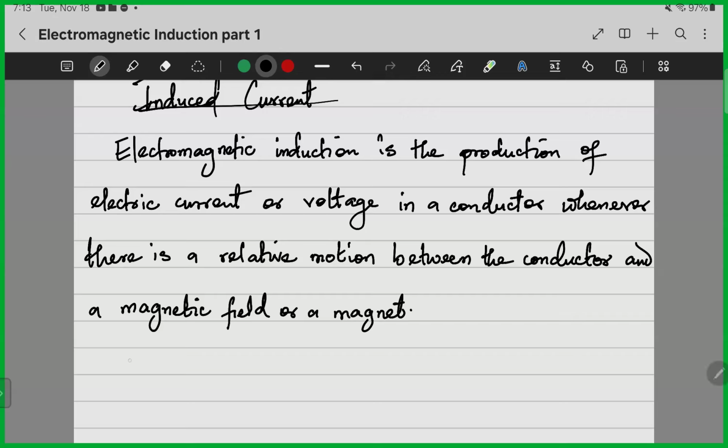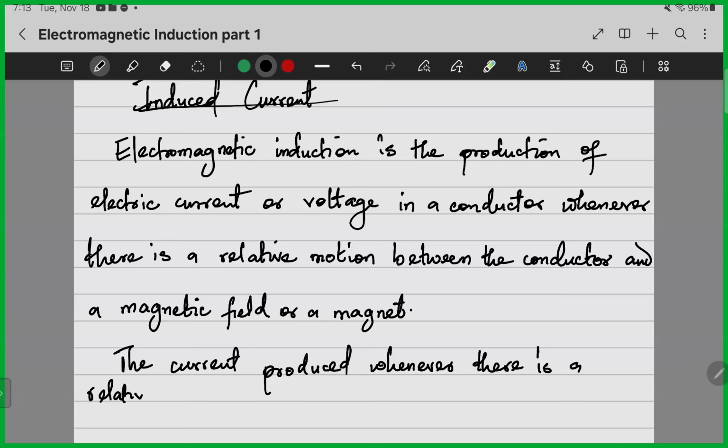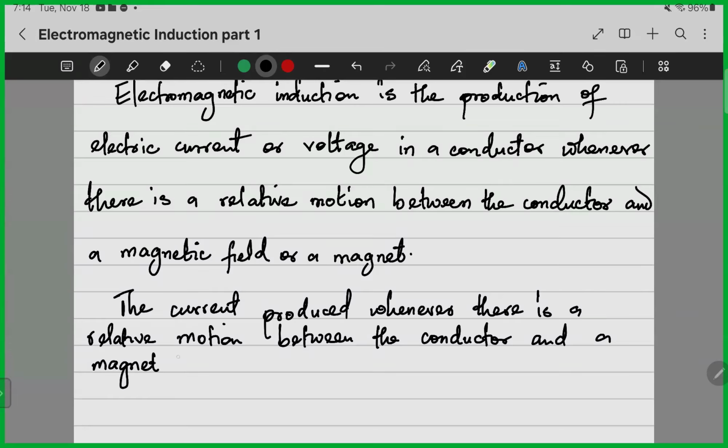So this induced current, the current produced whenever there is a relative motion between the conductor and a magnet, is called induced current.